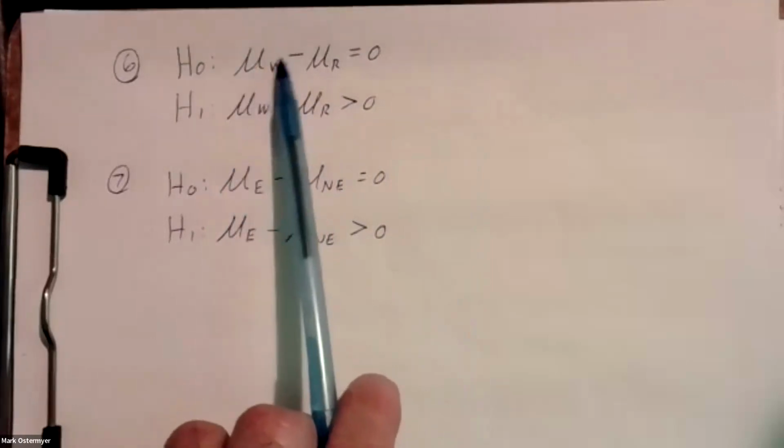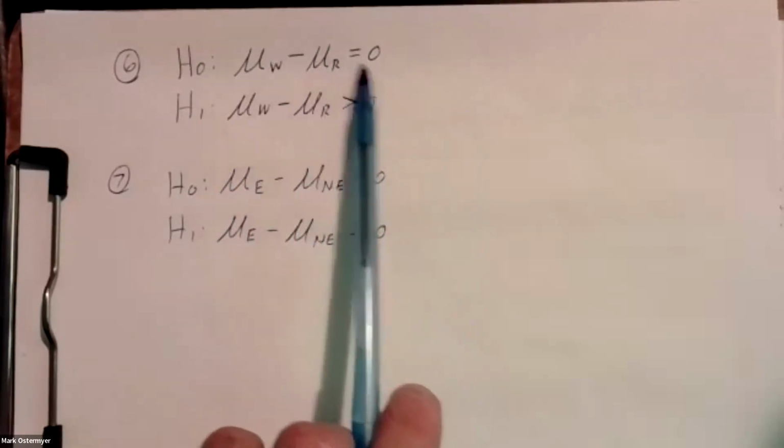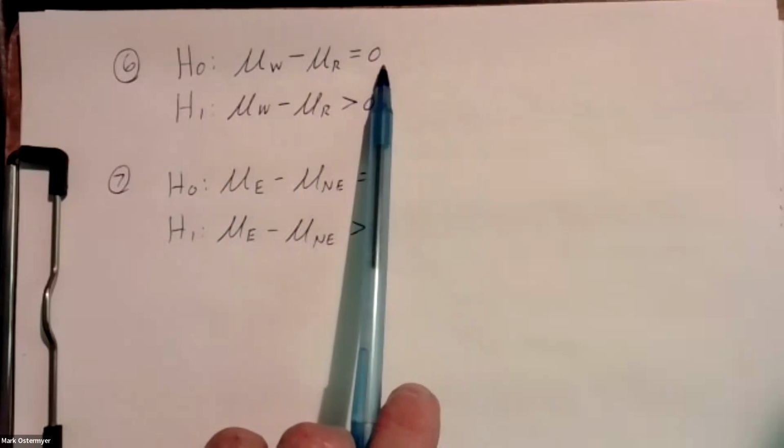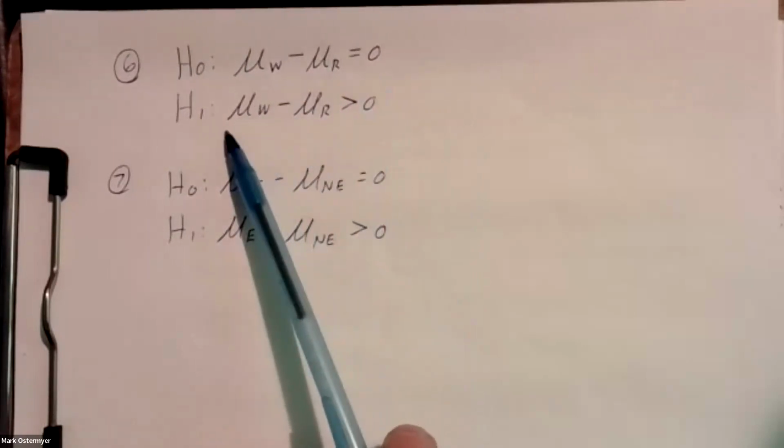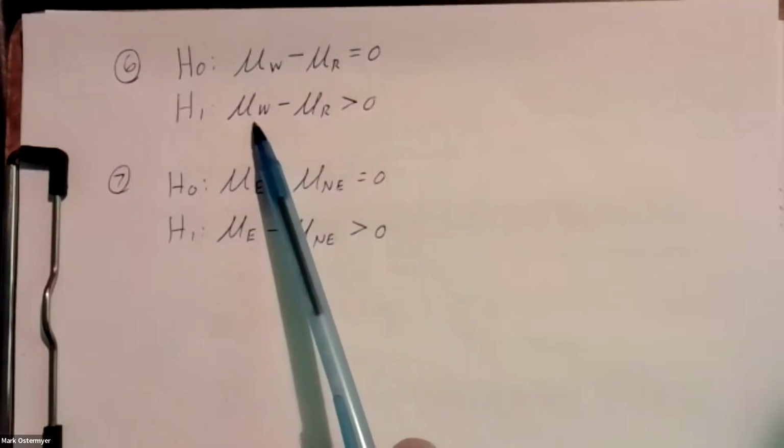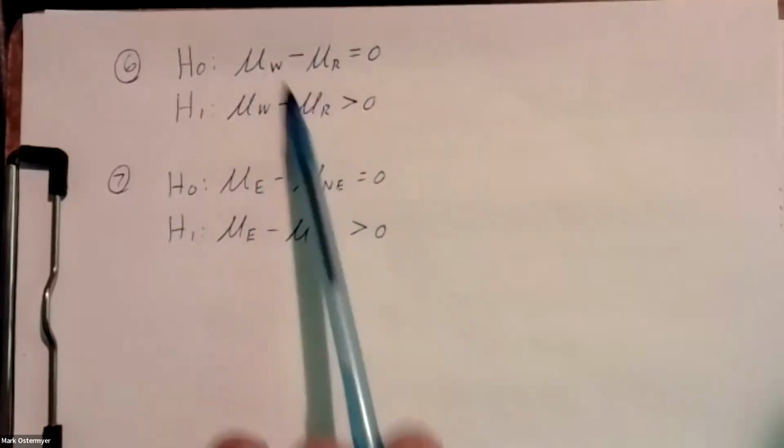The null hypothesis says essentially the mean fiber content is not different. Whereas the alternative hypothesis says the mean fiber content of wheat-based cereals exceeds the mean fiber content of rice-based cereals. Okay, so these would be the hypotheses that would be warranted for a test like number 6 there.